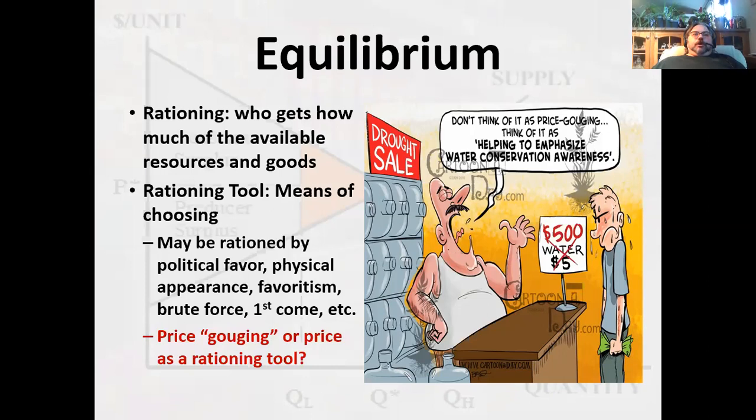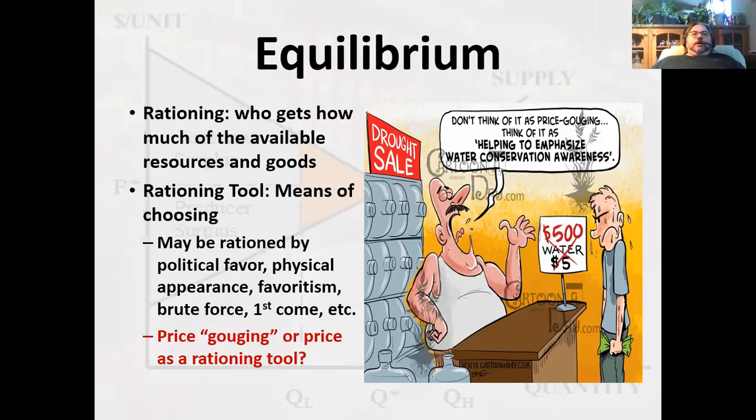And we'll look at both price ceilings and price floors in just a few minutes. But we can also look at adjustments to quantity, either quantity supplied or quantity demanded. So an adjustment to quantity supplied is where we set either a minimum or a maximum amount that the supplier is allowed to produce.